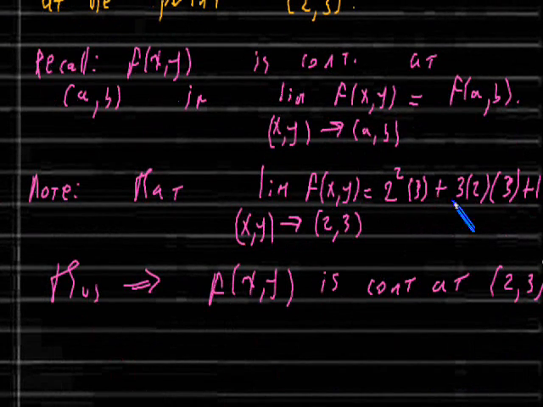Of course, we know that the domain of polynomials in 2 variables is the whole plane, and polynomials are continuous in their entire domain.